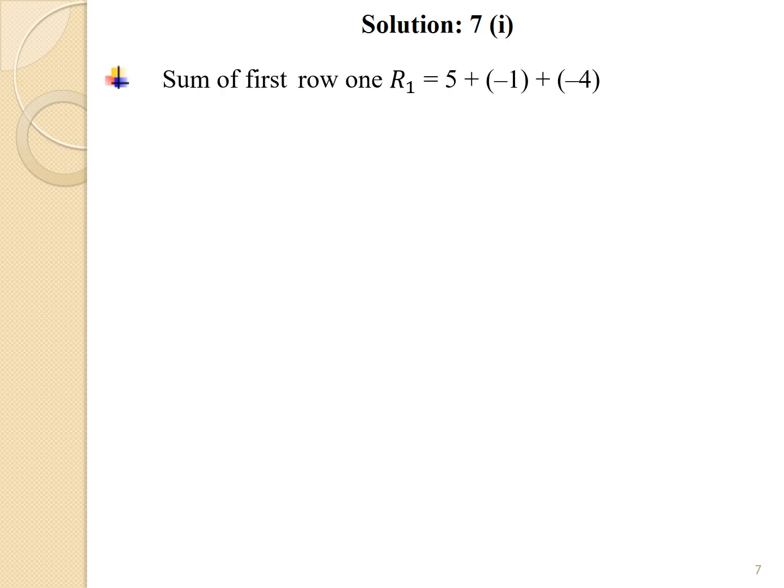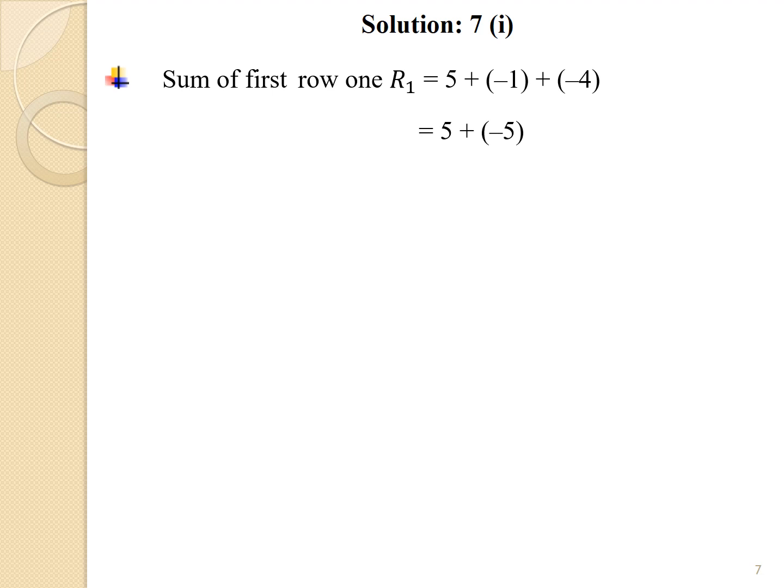Now, keeping the positive integer 5 as it is and adding the negative integers 1 and 4 as a whole number by ignoring the minus sign, we get 5, and placing a minus sign before 5 as the integers have the same sign, we get 5 plus minus 5.